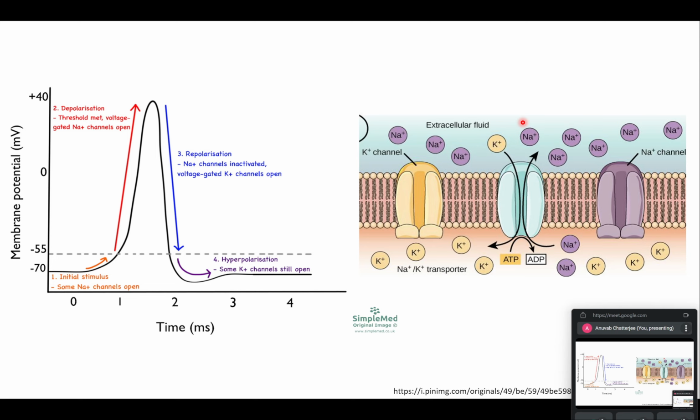So this is the starting situation. At the starting situation, the membrane of the neuron stays at a membrane potential of around minus 70 millivolts, and this is constant until any external stimulus is exposed to the neuron.